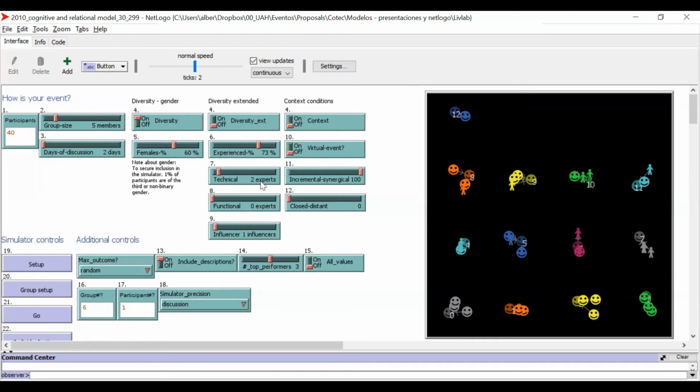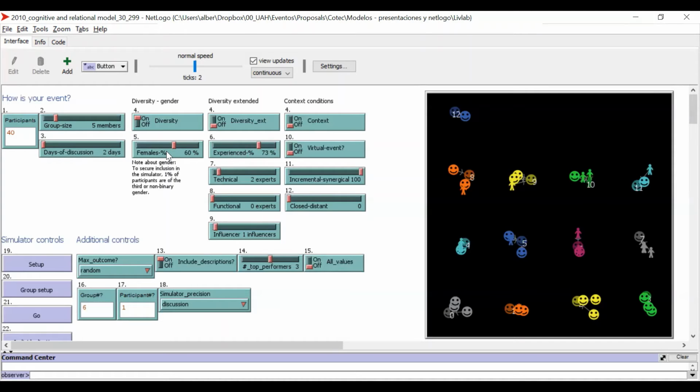Although we have other characteristics, with only these 4, that will be what we call a scenario, meaning a specific combination of features that set up a type of event.